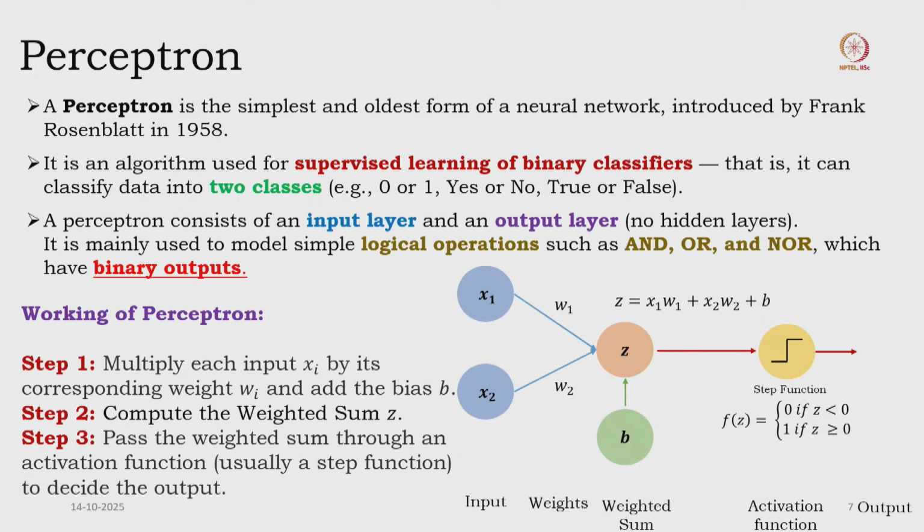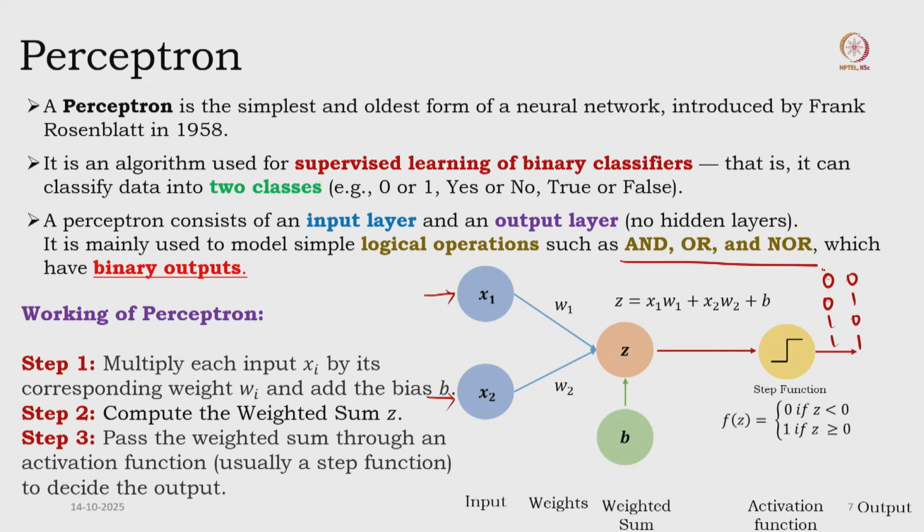If you look into these models, AND, OR, NOR, we have binary inputs. Let us take two inputs, x1 and x2: 0 0, 0 1, 1 0, 1 1.